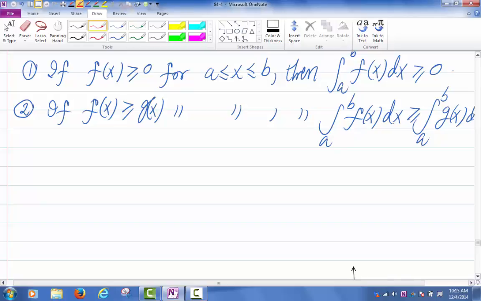Then if you look at a time interval, who's going to cover more distance? Well, the rabbit is going to cover more distance because its speed function is bigger than the speed function of the turtle, right? Unless the rabbit is sleeping or something in the middle. But we are saying that the speed function is bigger, which tells you that it's not doing anything else. That's how you can think of it: if one integrand is bigger than another integrand, then the integral is bigger than the other integral.